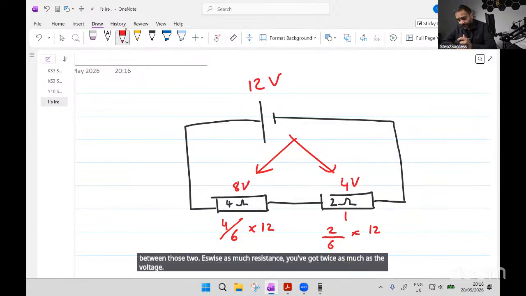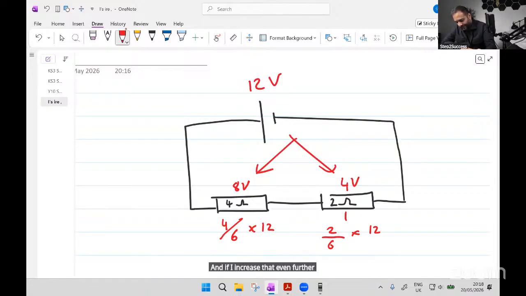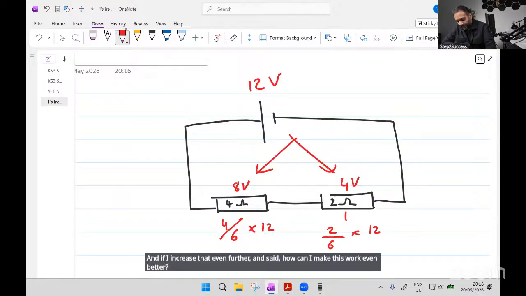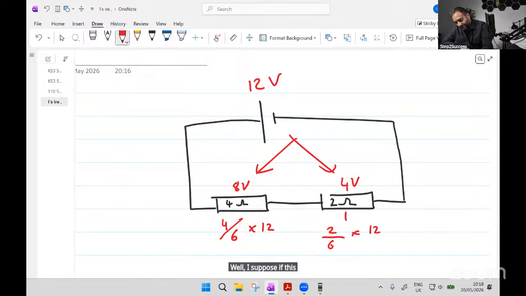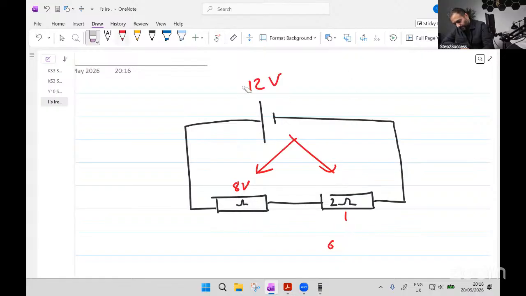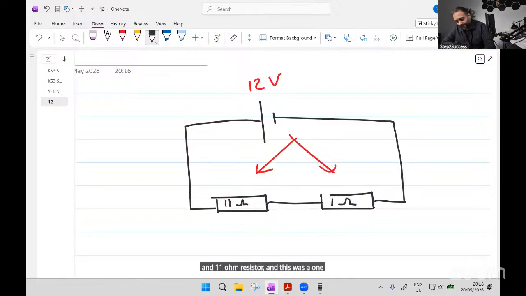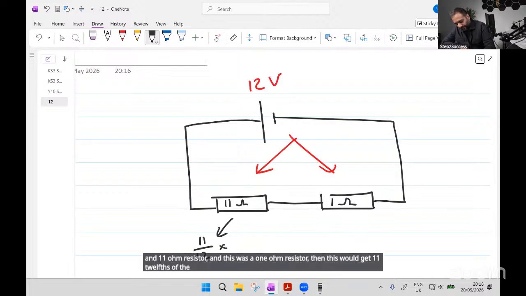And if I increase that even further, well, I suppose if this was an 11 ohm resistor, and this was a 1 ohm resistor, then this would get 11 twelfths of the total voltage, which obviously is 11.